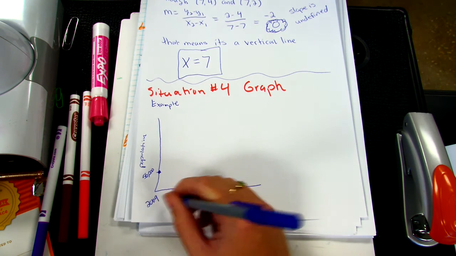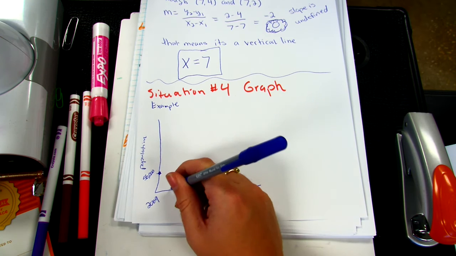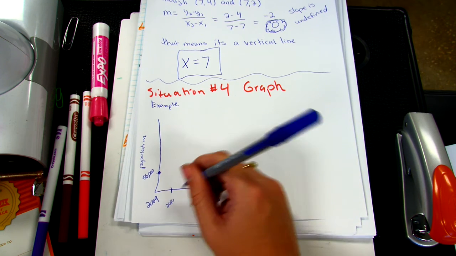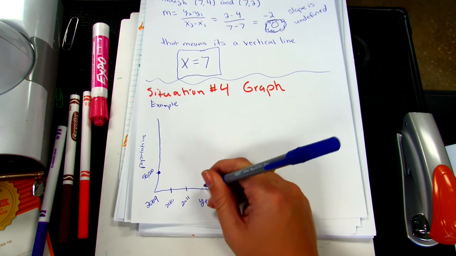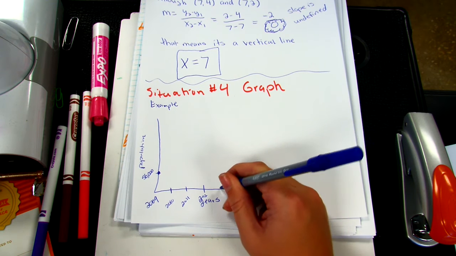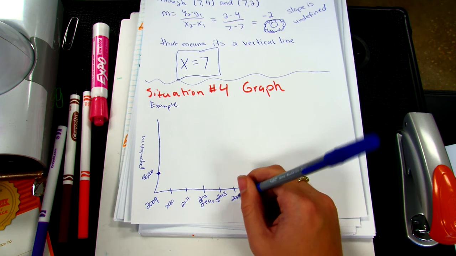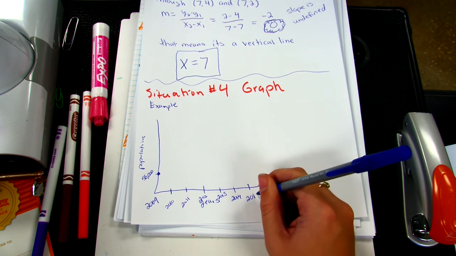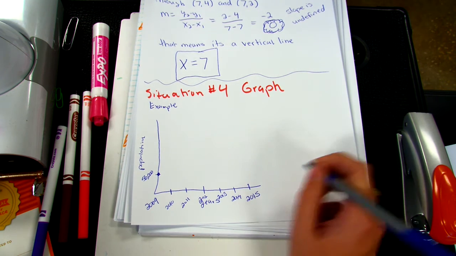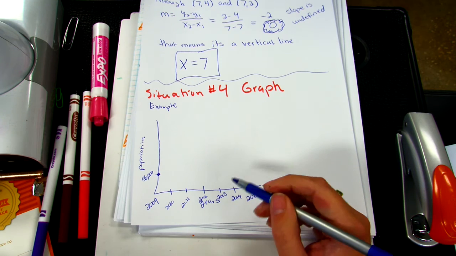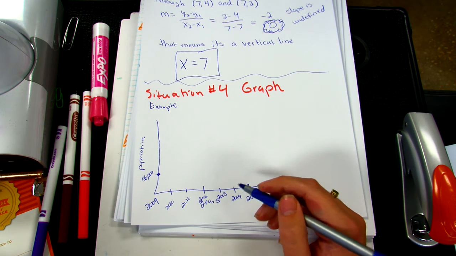So the years, they're going to go by year. So this is 2010, 2011, 2012, 2013, 2014, 2015, and so on, right? And the population, they're going to go by 1,000.